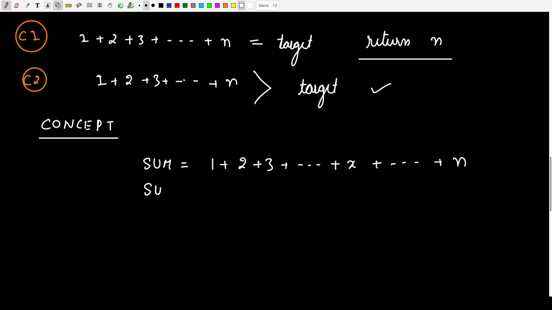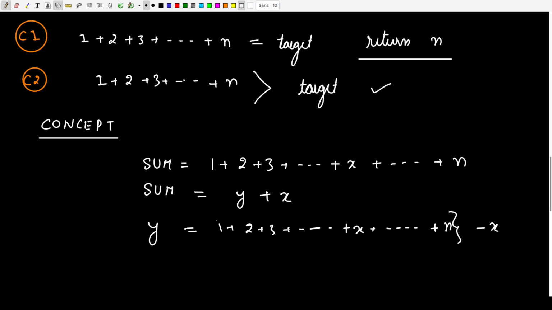Now this sum I can also represent as y plus x, where y is equal to 1 plus 2 plus 3 plus dot dot dot x plus dot dot dot n minus x. Right? So what I mean by this is that y is equal to the sum of all the numbers except x.